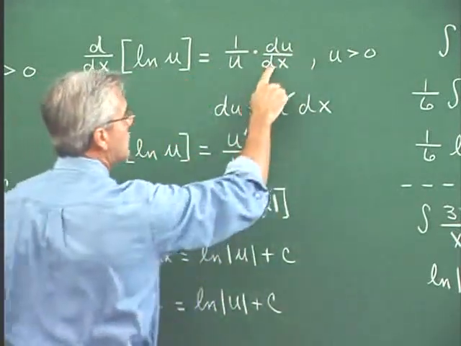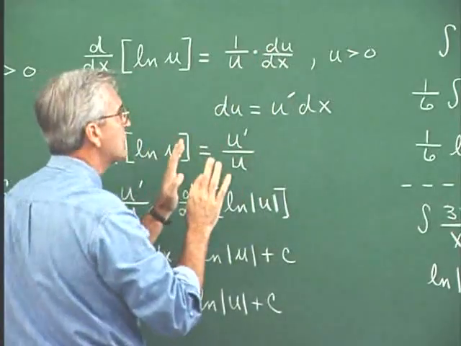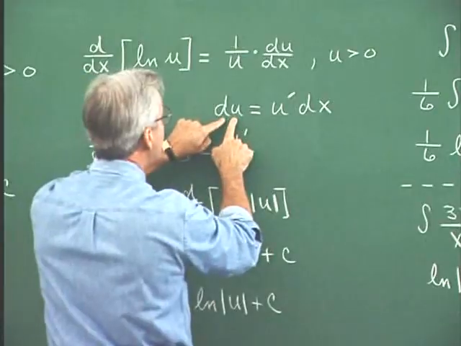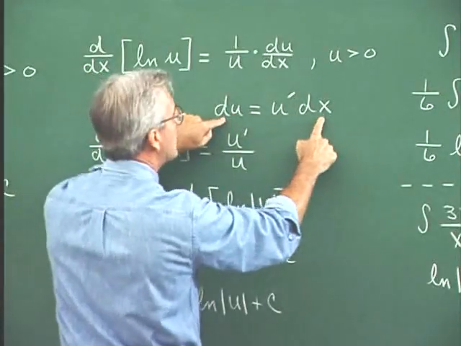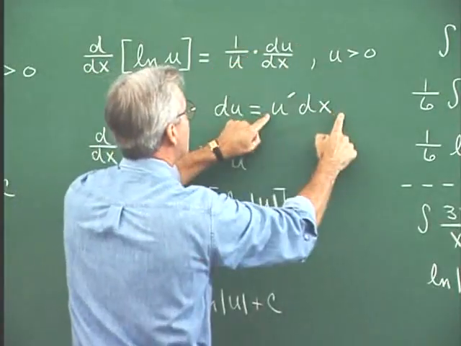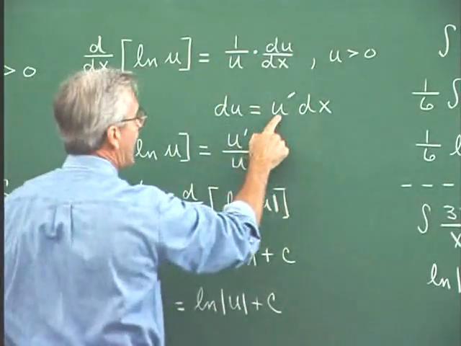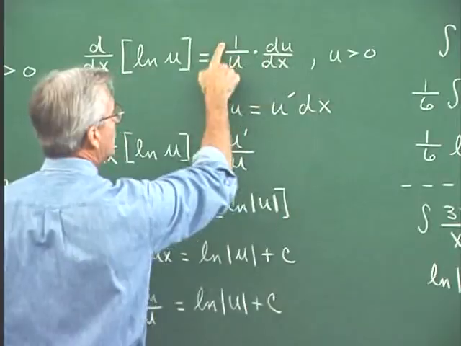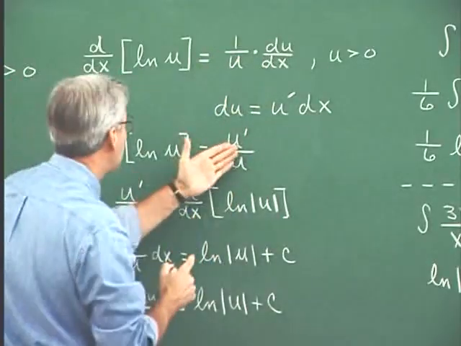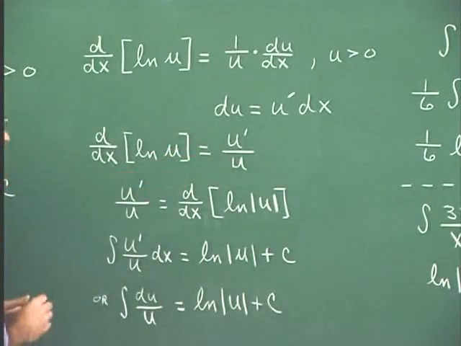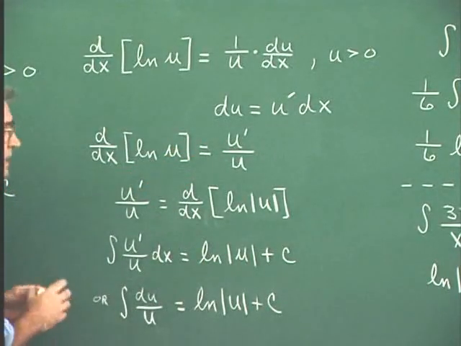Now this notation is fine. There's another notation I think that's a little bit cleaner than this. If we understand that du is u prime dx, imagine replacing the du with the u prime dx. The dx notations would go out, and we would have u prime over u. So I kind of like this notation for it, because it's really easy to see and to manipulate.